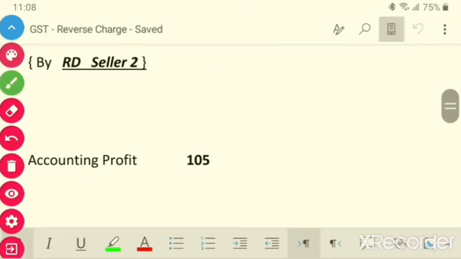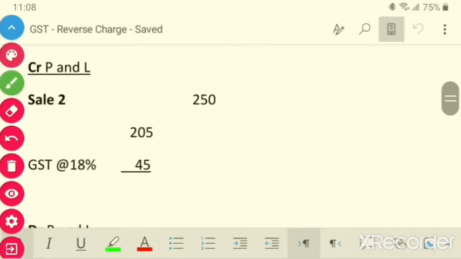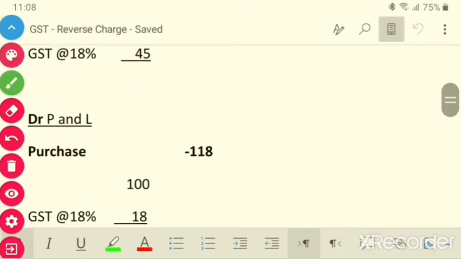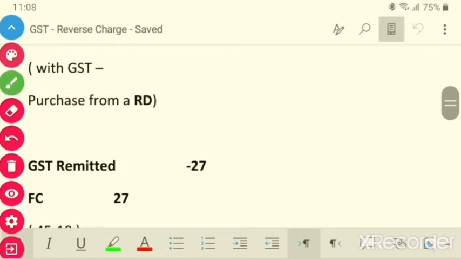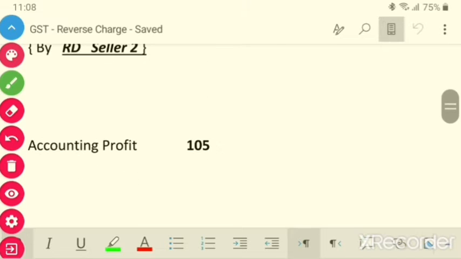Now what is the accounting profit? Accounting profit is 105. So sale value is 250 with tax, minus purchase value with tax 118, minus GST remitted by seller 2, 27. So accounting profit left with seller 2 is 105.